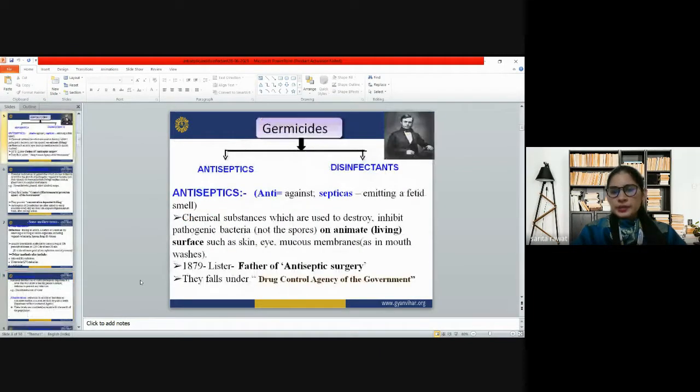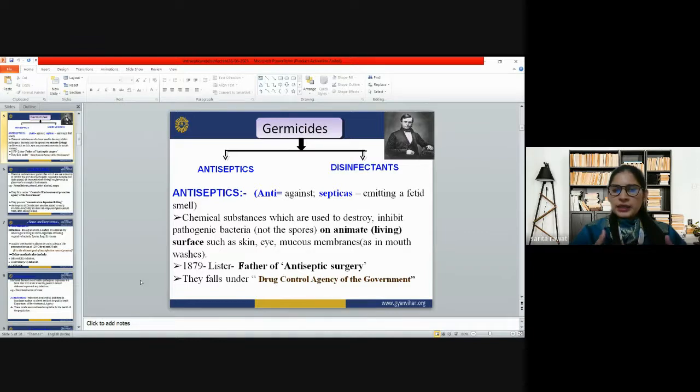We have categorized germicides into two categories. The first one is antiseptic and the second one is disinfectant. While talking about the antiseptic, anti means against and septic means emitting a fetid smell.